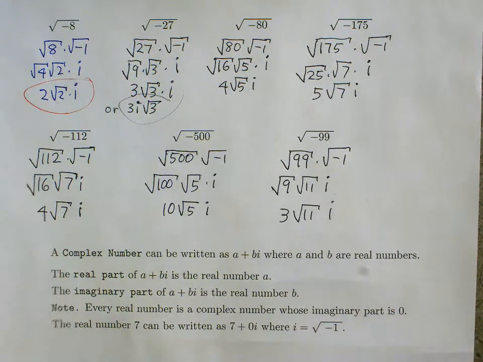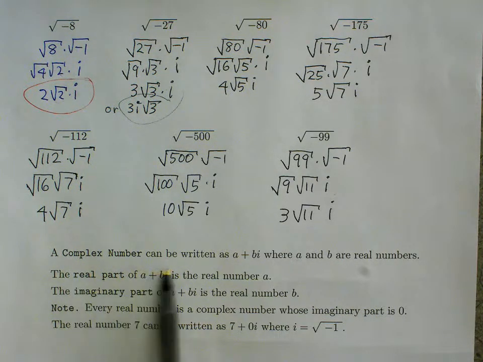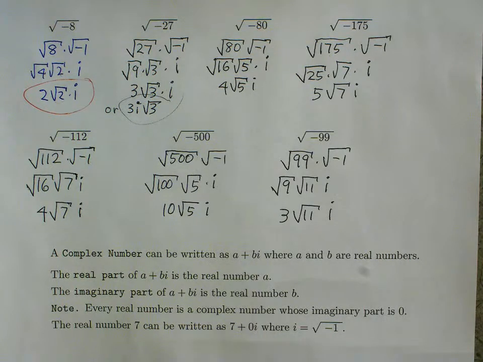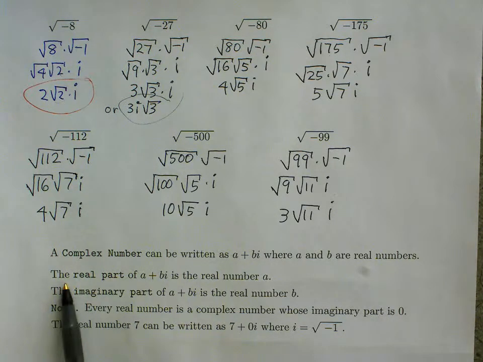There's less than a minute left, but we can cover this next part. A complex number can be written in the form a plus b times i, where a and b are real numbers, and i is the square root of -1. And we say that the real part of a plus bi is the real number a, and the imaginary part of a plus bi is the real number b.